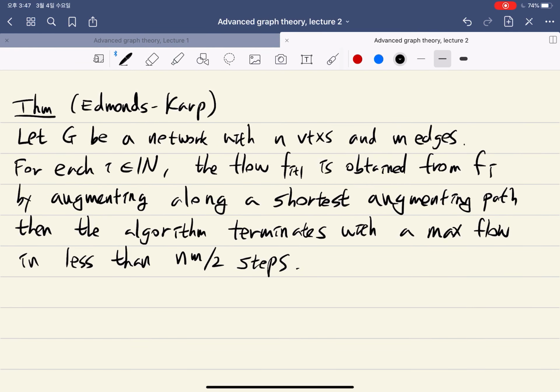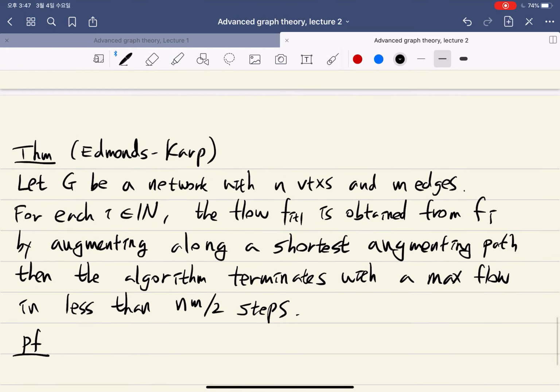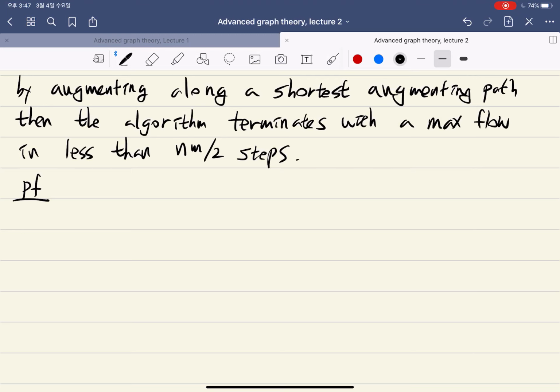So this is the theorem that we want to show. Assume we have, okay, before doing that, let's define one more terminology. Let P be an F augmenting path.